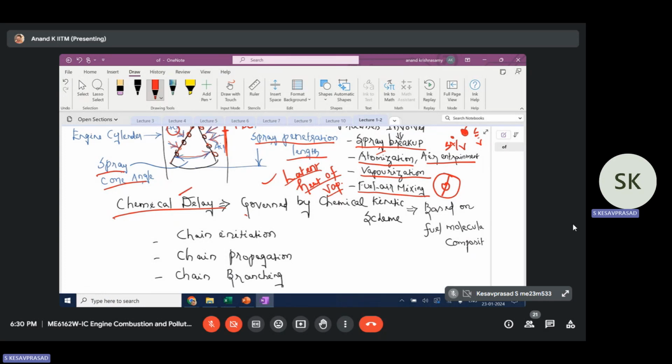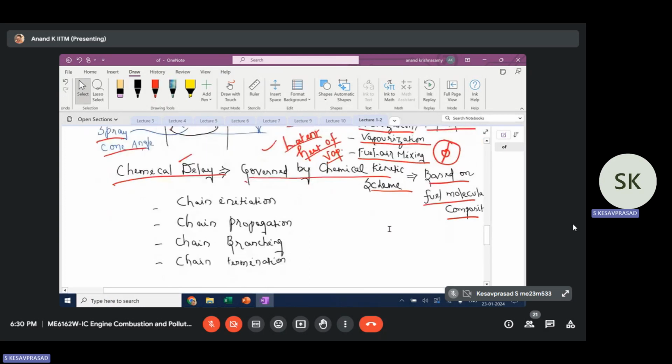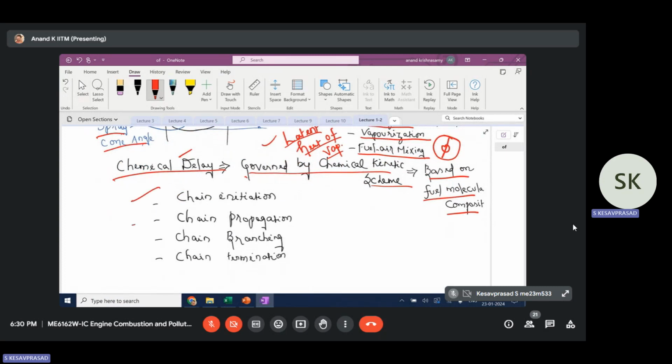And this is governed by the chemical kinetic scheme. As we move on in the second chapter, I will talk about this chemical kinetic scheme. This is dependent on the molecular composition of the fuel. So what will happen during this chemical delay time? You have a chain initiation reaction, chain propagation, chain branching, and chain termination. All this put together is referred to as a chemical kinetic scheme.